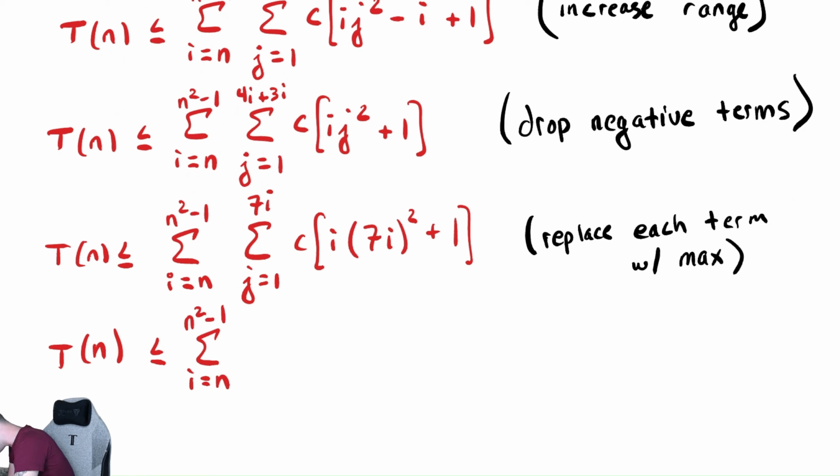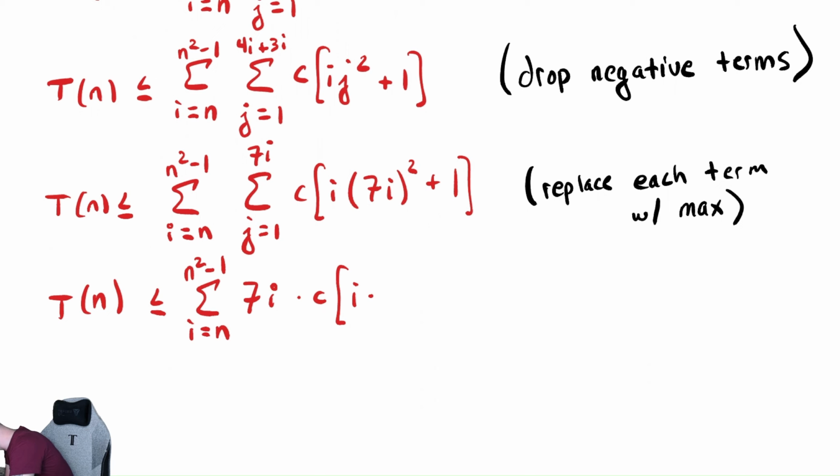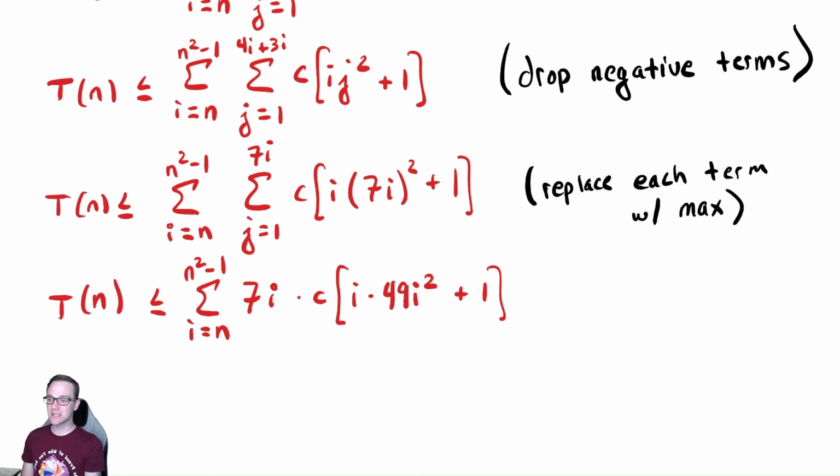And then the inner sum is the top bound minus the bottom bound plus 1. I could write out what that is, but by design, the reason I changed the bottom bound to be 1 was that when I do that top minus the bottom plus 1, the 1s will cancel for me, and that is very convenient. And then the inside of the sum becomes c times i times 7i quantity squared, which is 49i squared plus 1. And you can see the constants here might start to get a little ridiculous.